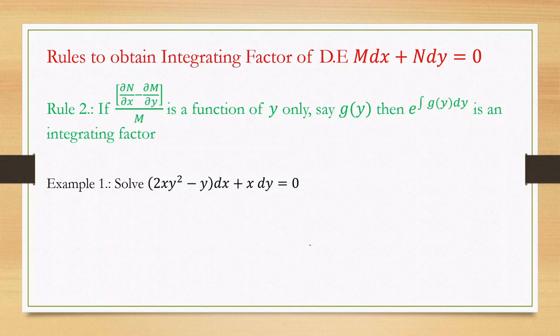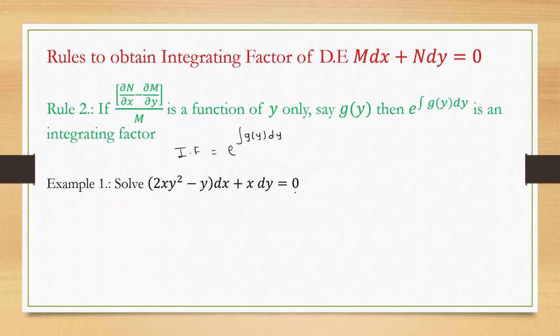If (∂N/∂x minus ∂M/∂y) upon M is a function of y only, say g(y), then the integrating factor is equal to e raised to the integration of g(y) dy.